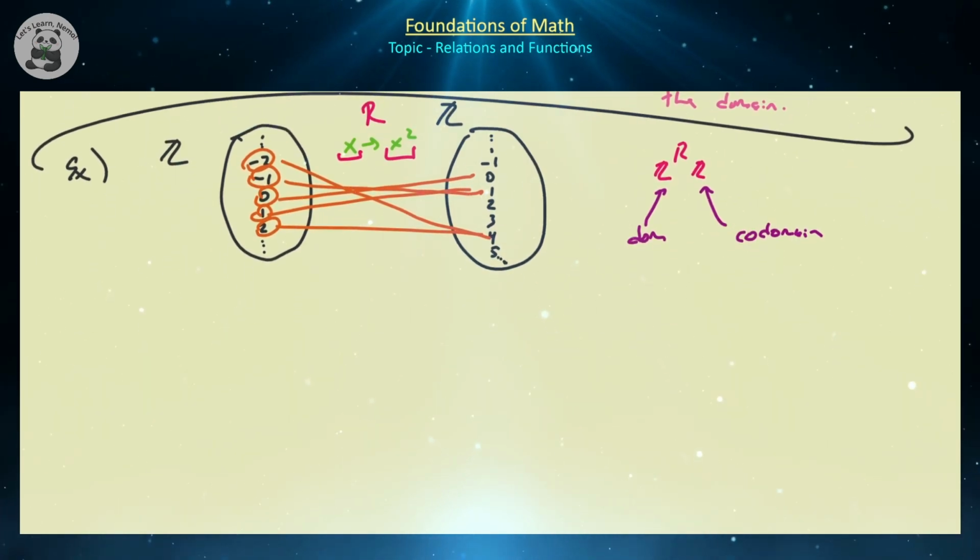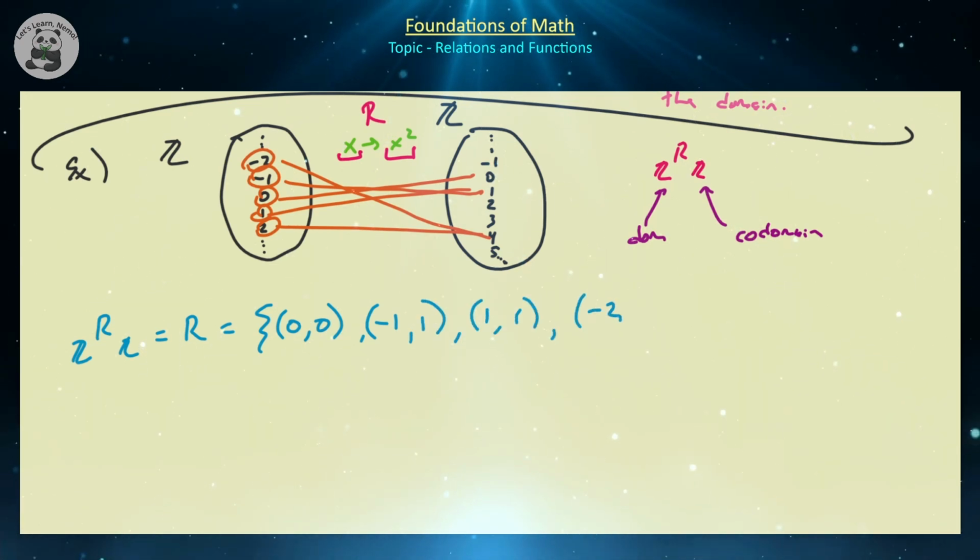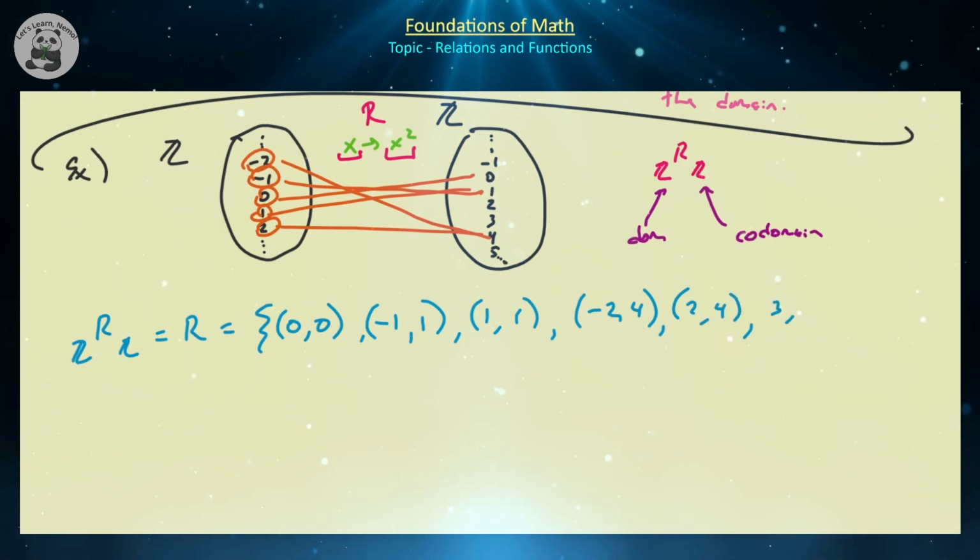So let's actually list a couple of the values in this particular relation R. And if you're only talking about one relation, some people will just represent that by R. If I pick the element 0 in the domain, that's going to be mapped to 0 squared, which is equal to 0. If I pick the element -1 in the domain, that's going to be mapped to 1. 1 is also going to map to 1. -2 is going to map to 4. 2 is also going to be mapped to 4. 3 is going to map to 9.